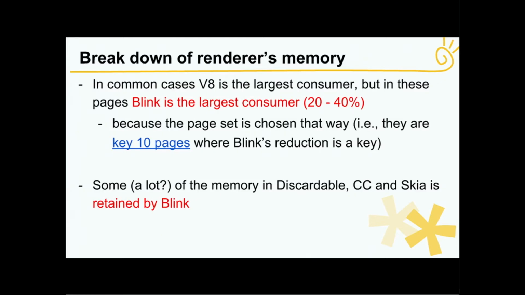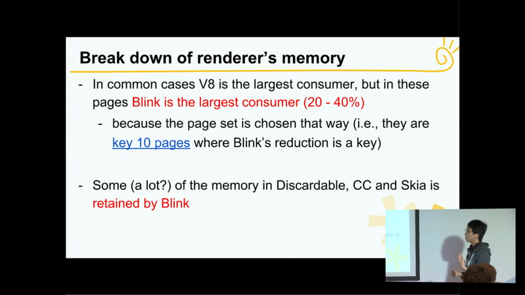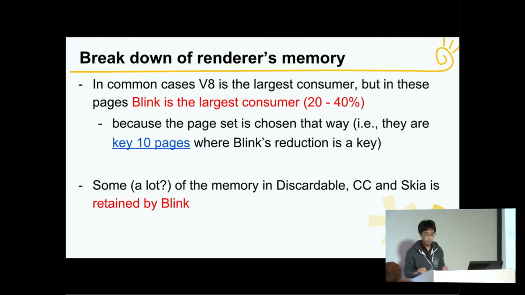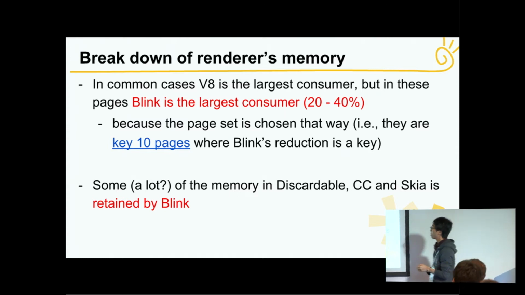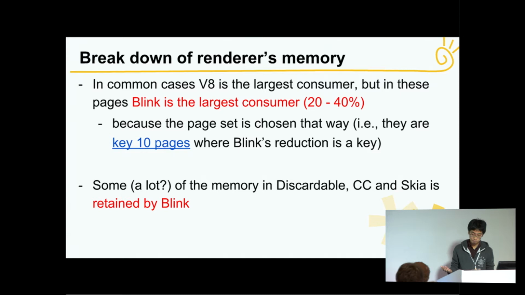So in summary, in common cases, it is true that V8 is the largest consumer, but in these pages, Blink is the largest consumer. The important fact is that Blink can be the largest consumer in popular websites. In these cases, Blink is consuming from 20 to 40% of the renderer's memory.